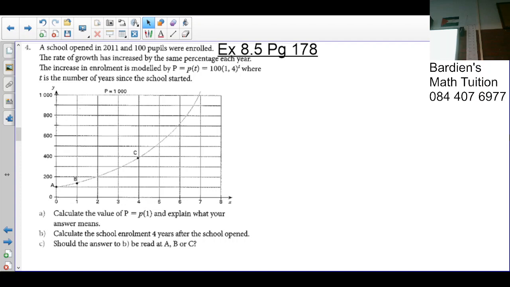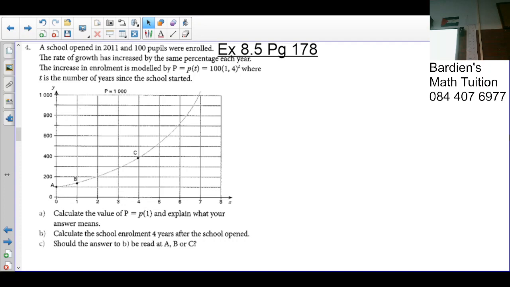The increase in the enrollment is modeled by P, which is equal to P of T, which is equal to 100 times 1.4 raised to the exponent T. So if you're looking at that model, or that equation, what type of graph would we get from that?